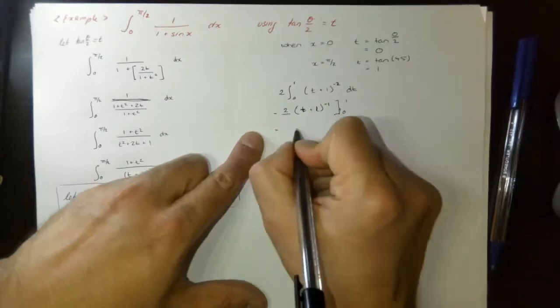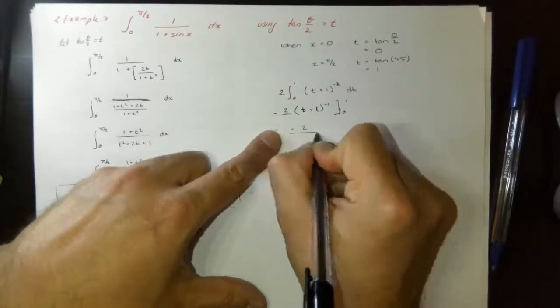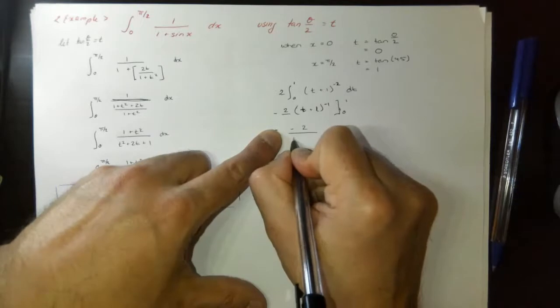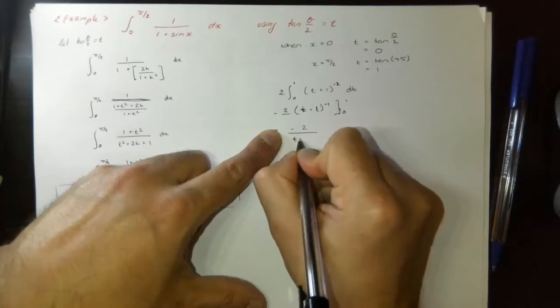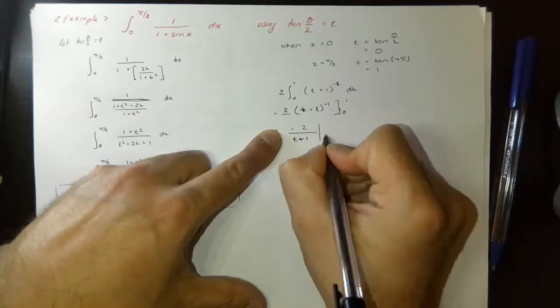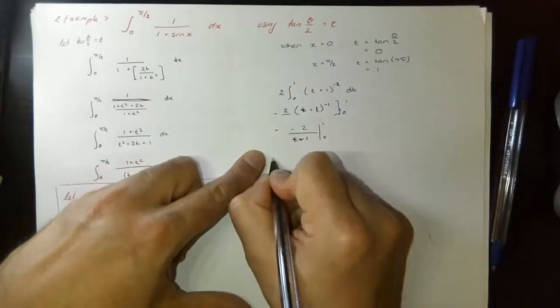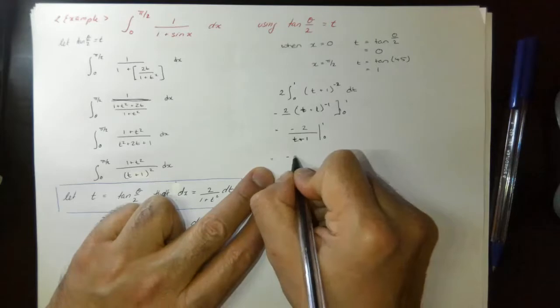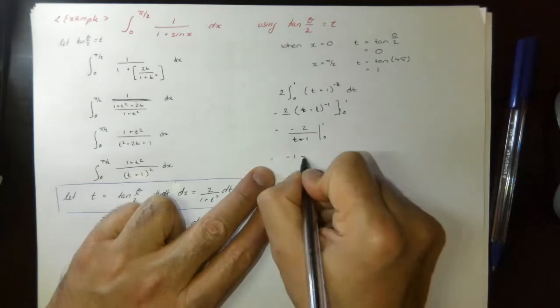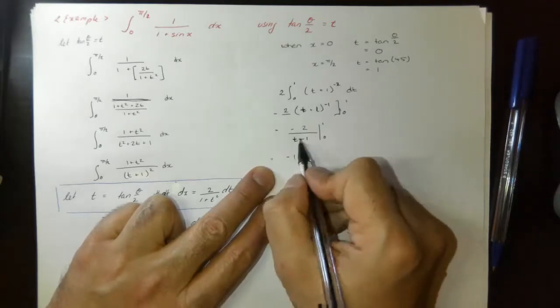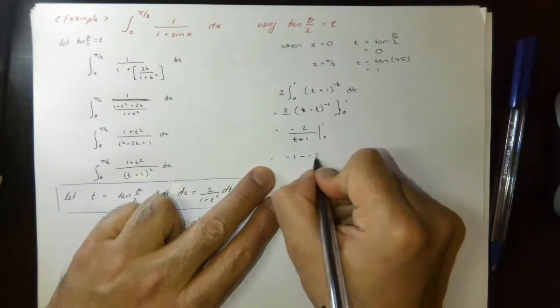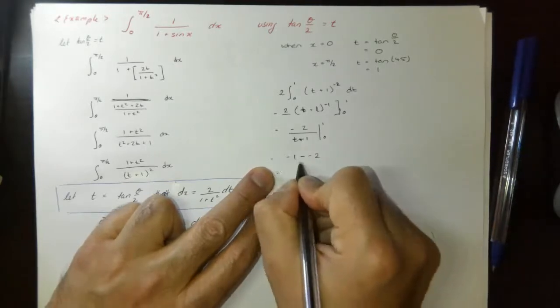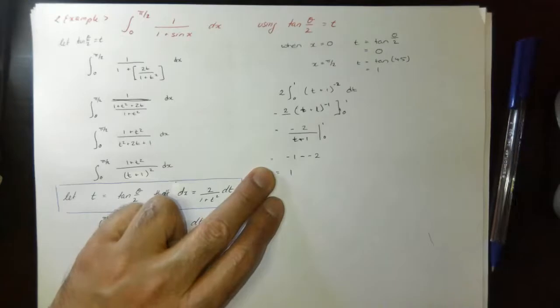So we have negative 2 on t plus 1 from 1 to 0. So 1 plus 1 is 2, so that's going to be negative 1 minus negative 2. Negative 1 plus 2 is 1.